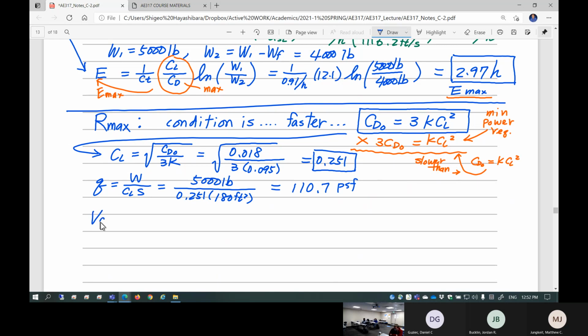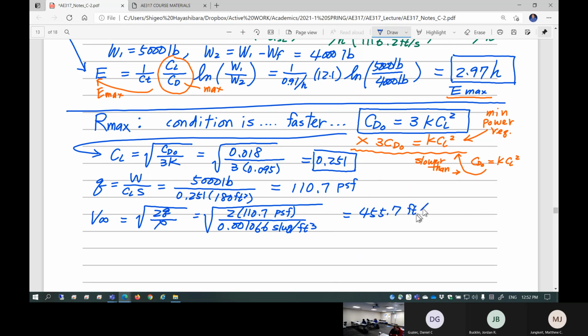So from here, V infinity is the square root of 2Q over density rho, again the same density at 25,000 feet altitude. So 2 times 110.7 PSF divided by 0.001066 slugs per cubic foot. You're going to have 455.7 feet per second.